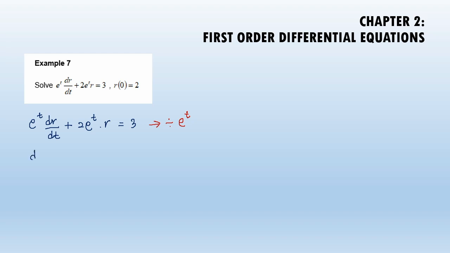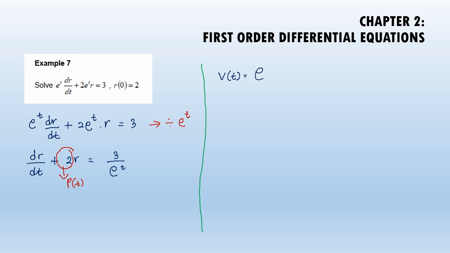So we have here dr over dt plus 2r equals 3 over e to the power of t. So we identify p of t as 2. Then we find the integrating factor v of t as e to the power of the integral of 2 with respect to dt.